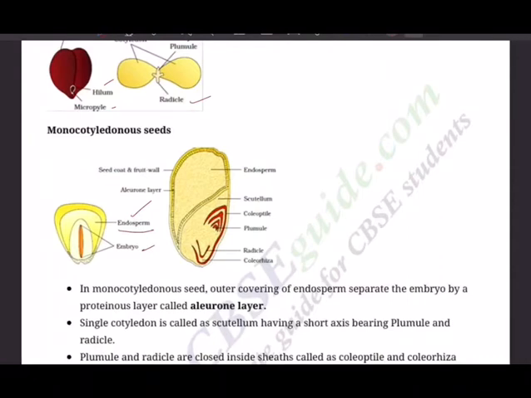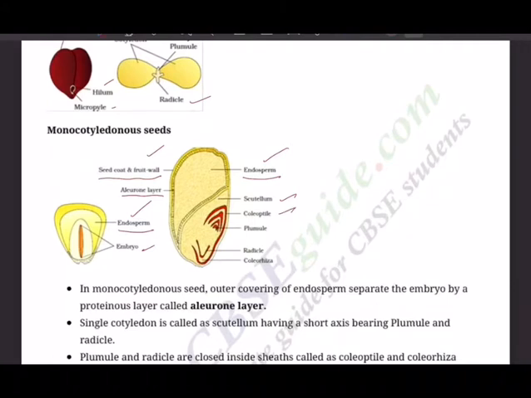First and foremost, seed coat, the outermost one, fruit wall we call it. And inside, of course, the majority of the portion is occupied by nutritive tissue called endosperm. And just below the seed coat, there is a special layer called aleurone layer. And then there is scutellum and coleoptile.